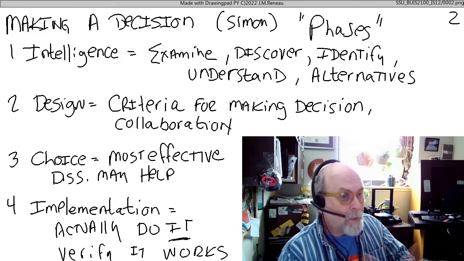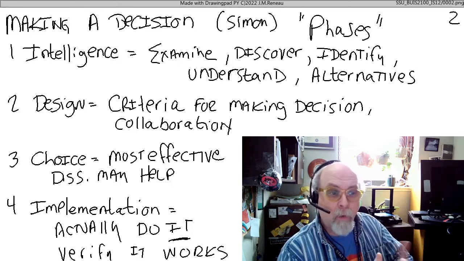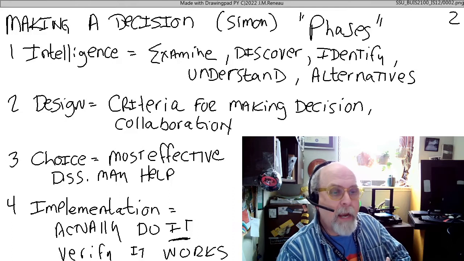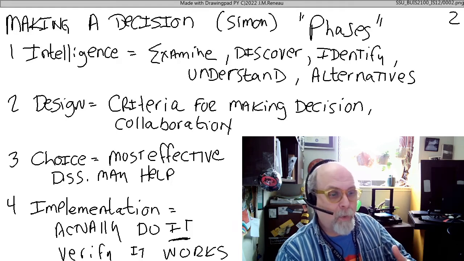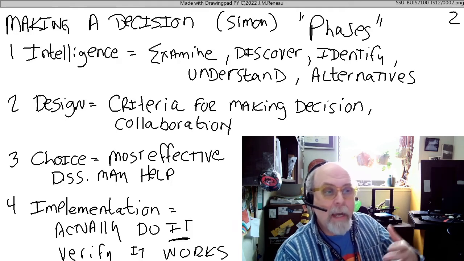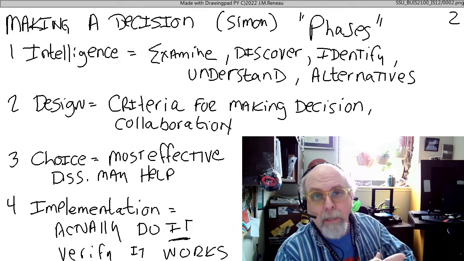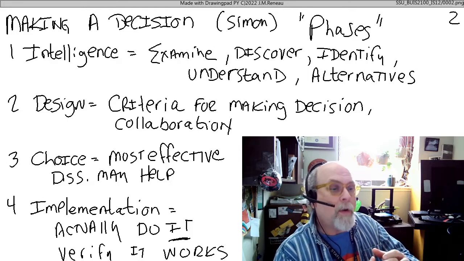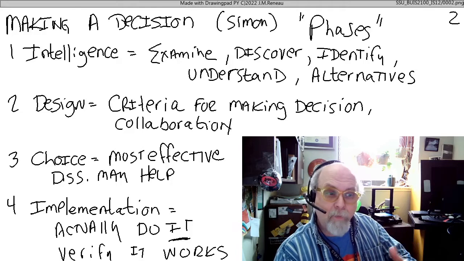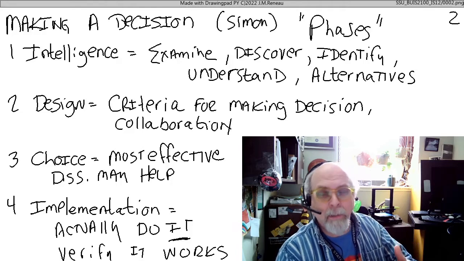Then we design what we want to do. We create our criteria for making the decision. We often work collaboratively at this point to design maybe multiple ways to solve a problem or make a decision. We then make a choice of the most effective design to solve the problem.